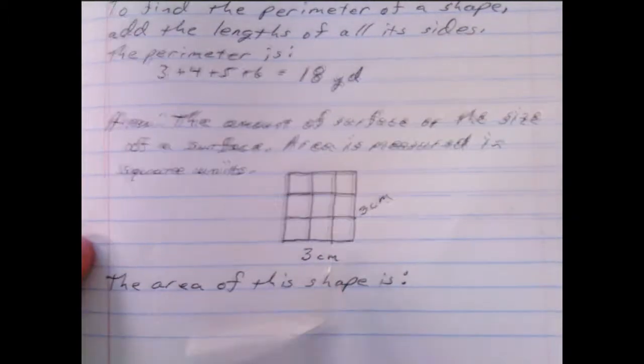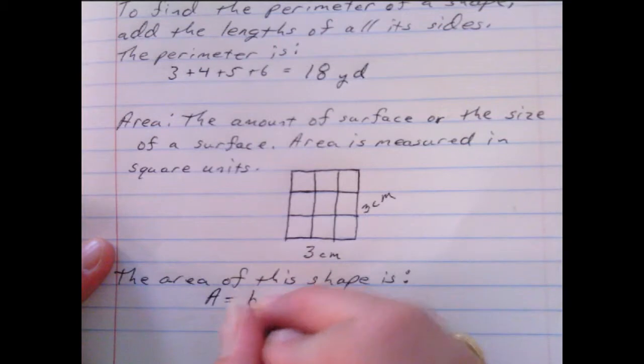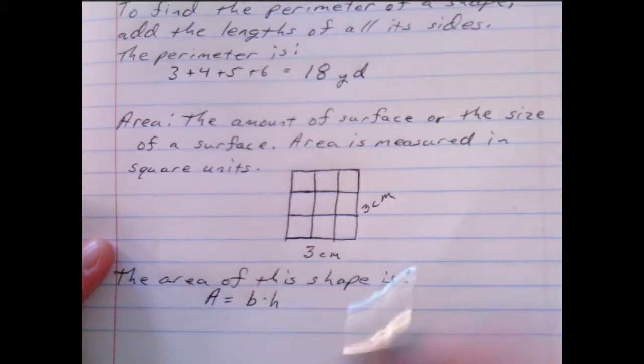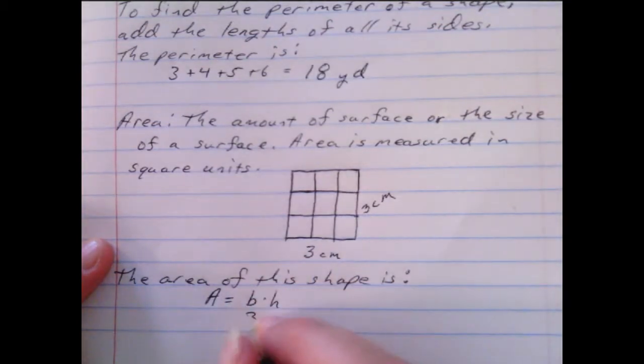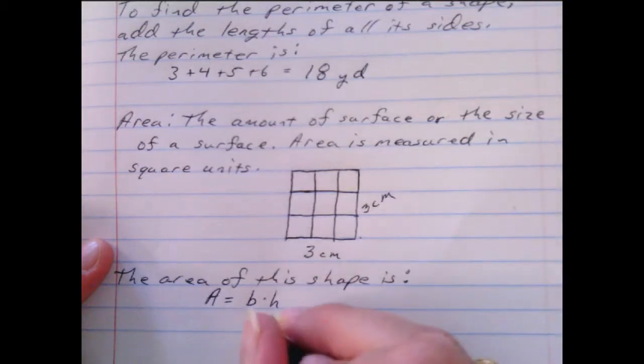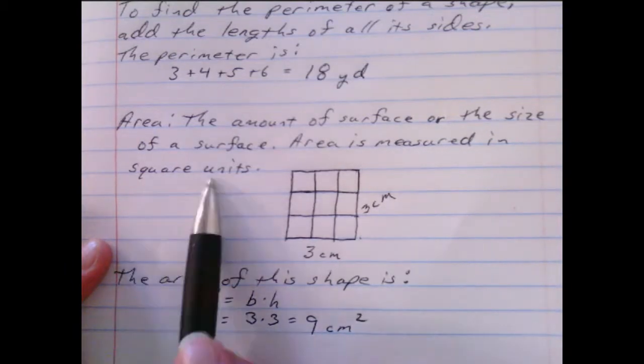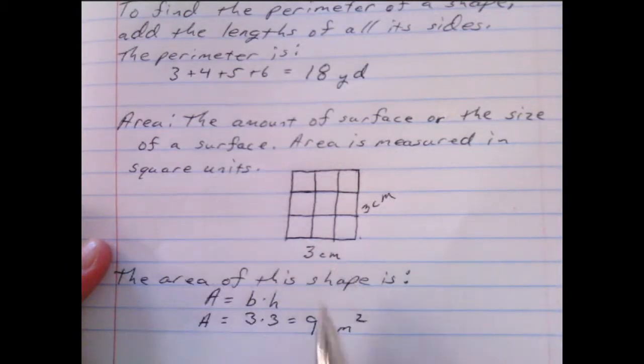So we're taking this one here, the area of this, area equals base times height. My base here is 3, and my height here, perpendicular to the base, is also 3. So my area is 3 times 3, which is 9, and that's centimeters squared. Remember we said square units. Our units are centimeters, so it is centimeters squared.